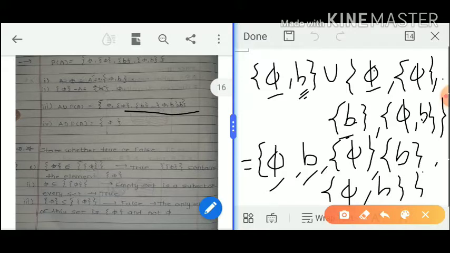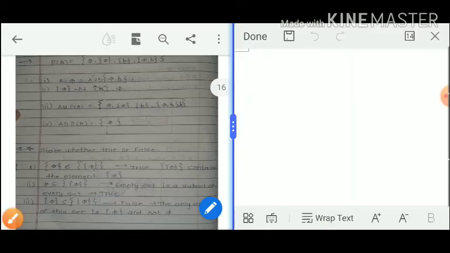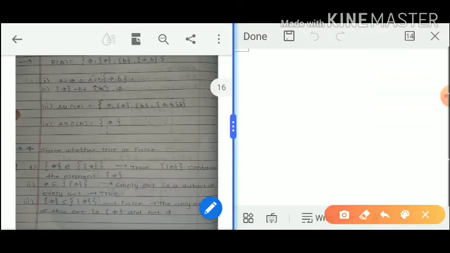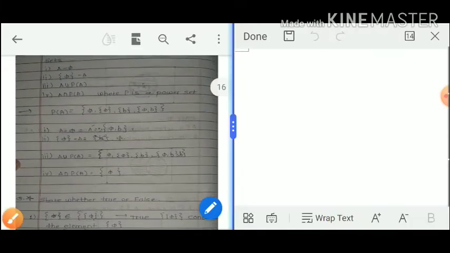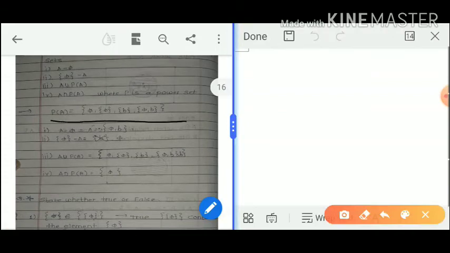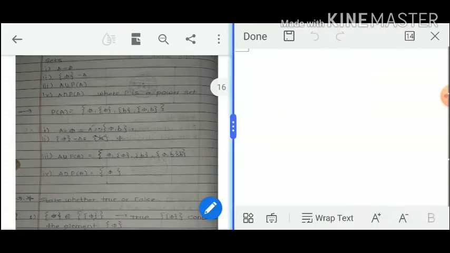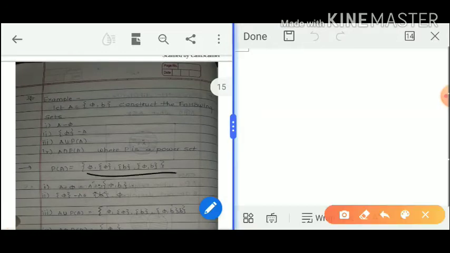Okay, next, A intersection power set of A. Here just concentrate on the power set and set A. A intersection power set of A means common elements in both sets. Which element is common? Phi. B is a different element here: this is a subset and this is a single element.